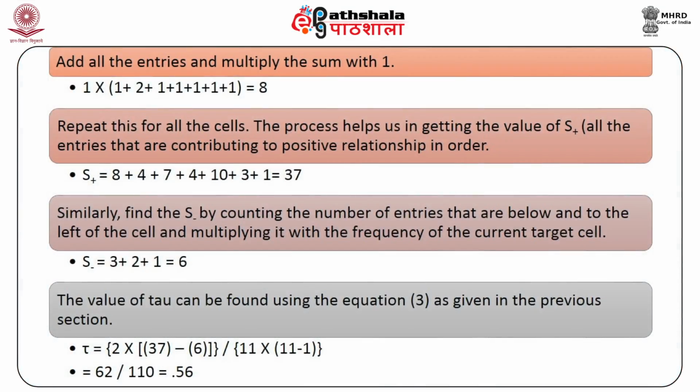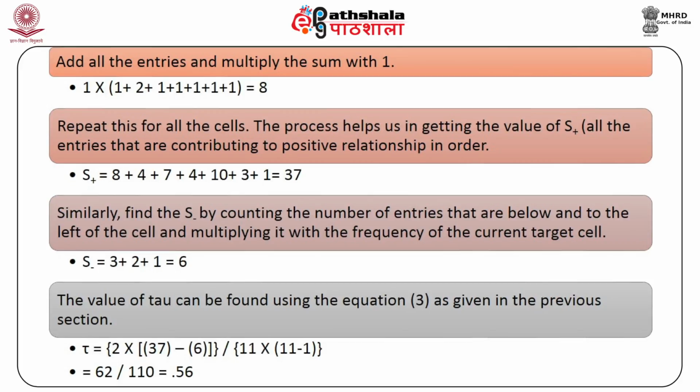Add all the entries and multiply the sum with 1. So, what do we arrive at? 1 into sum of all the entries described turns out to be 8. Repeat this for all the cells. The process helps us in getting the value of S positive or S plus. All the entries that are contributing to positive relationship in order. So, we have S plus to be 37.